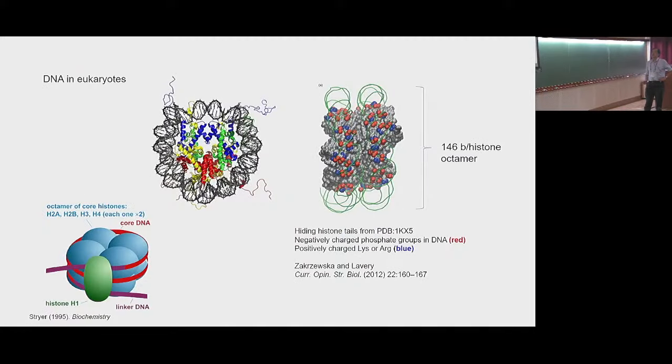In eukaryotic cells, DNA wraps around histone octamers. Histones have positively charged residues, lysine or arginine, along this side.